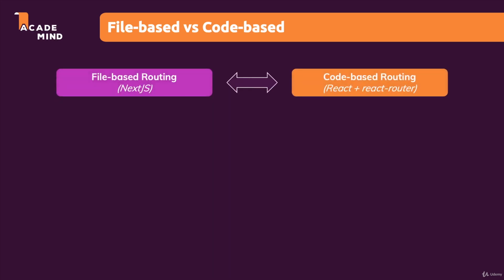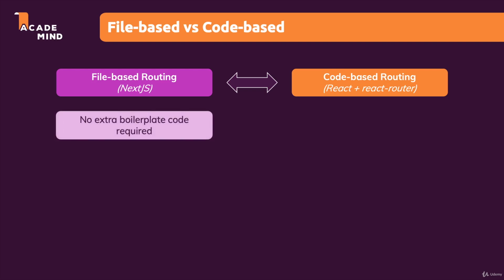When we compare file-based routing, which we get with Next.js, to this standard code-based routing we have in standard React apps with React Router, then in the case of file-based routing, we have no extra boilerplate code that needs to be written.